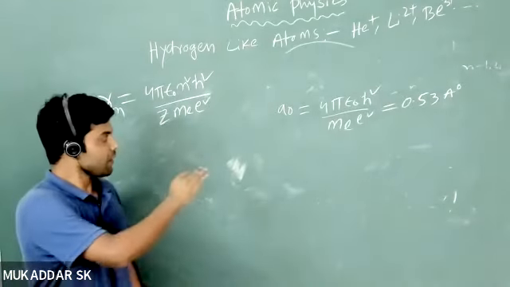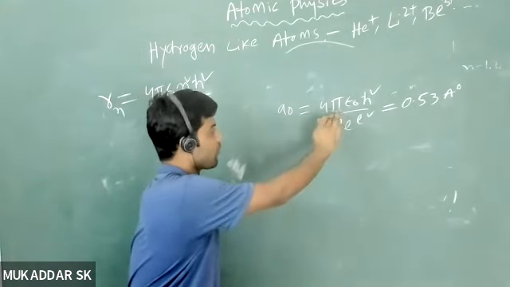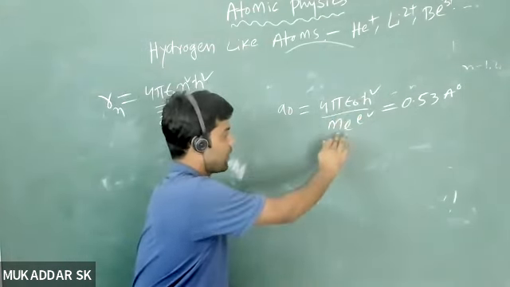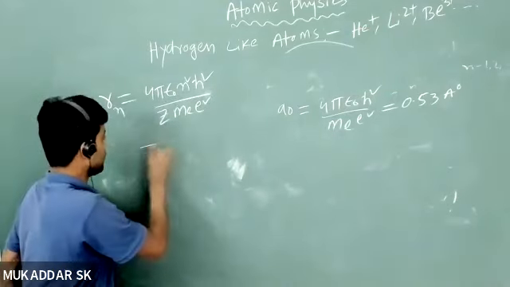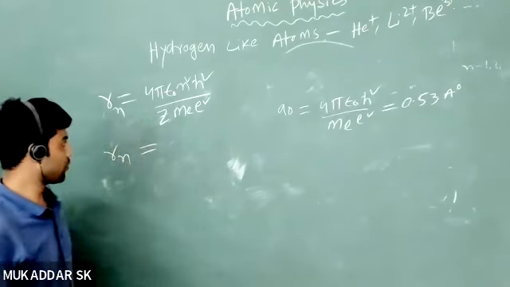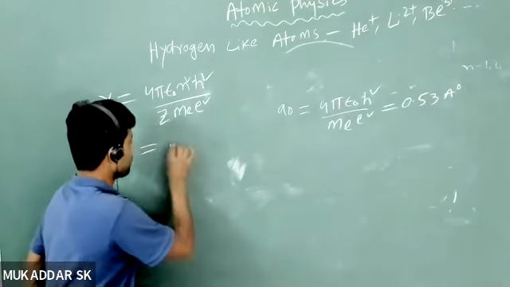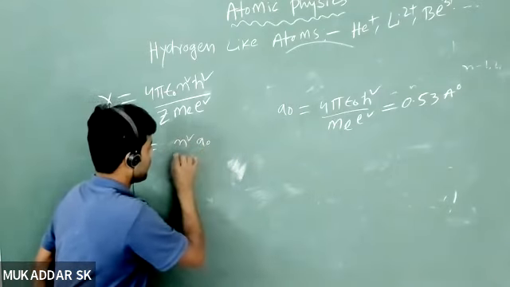Did you get what I'm saying? Now if you substitute this a naught here, you will simply get the radius of nth orbit of hydrogen-like atom as n square a naught divided by Z.